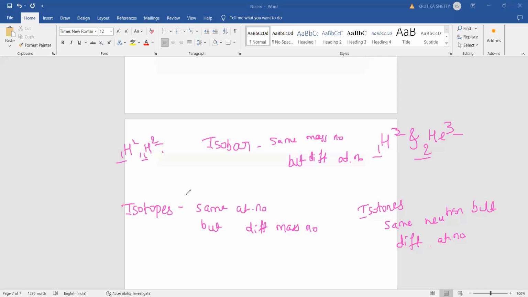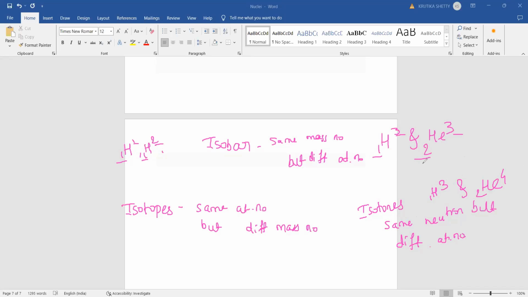Here we have three important definitions: isobars, isotopes, isotones. Let us see the example for the isotones. For the isotones, we can take the example of hydrogen 1, 3 and helium 2, 4.